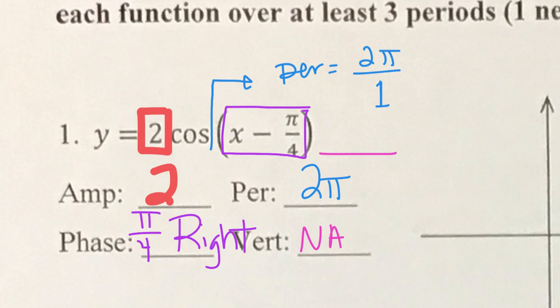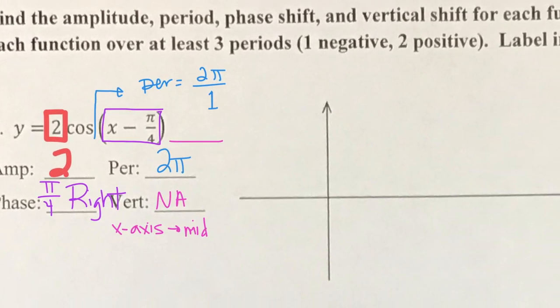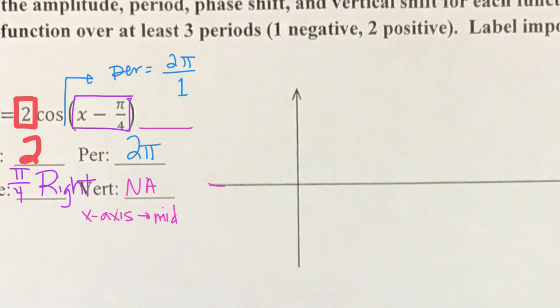So that is not applicable. In other words, the x-axis is going to be your midline or your horizontal center. Okay, so if you wanted to, you could put a dashed line through here just to remind yourself that your zeros are where your graph crosses your midline. In this case, your midline is the x-axis.